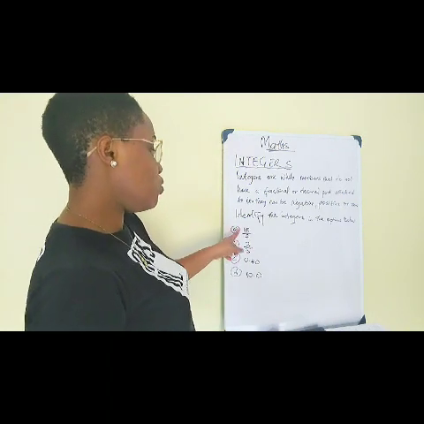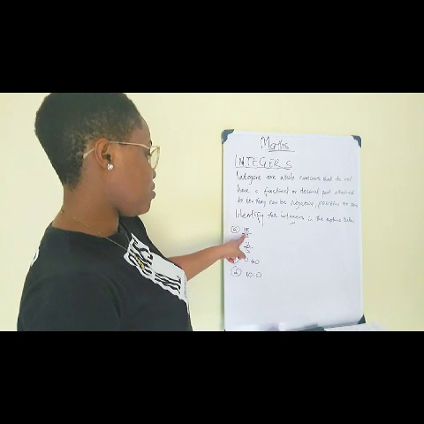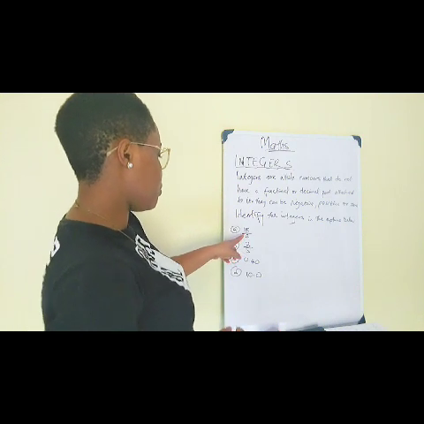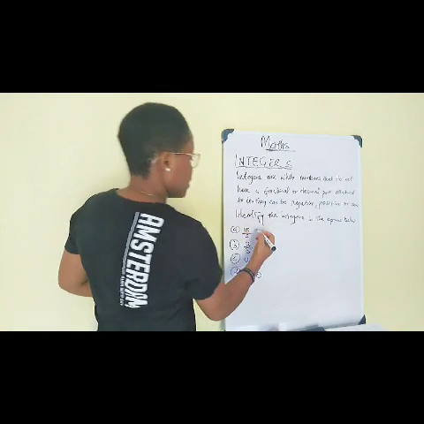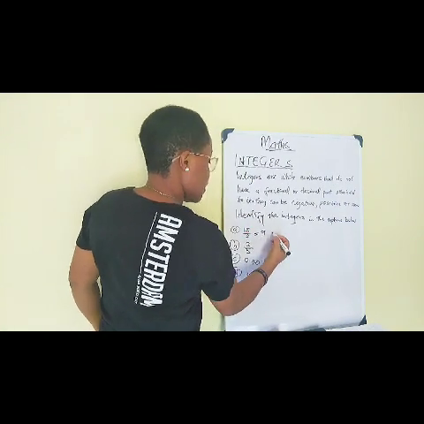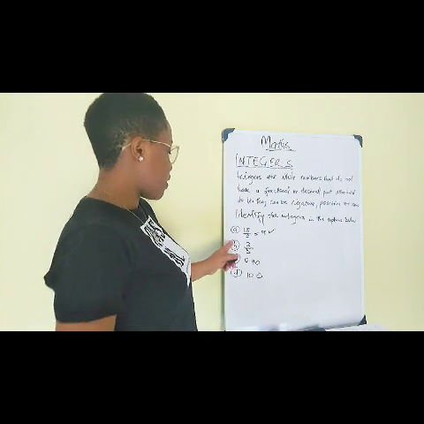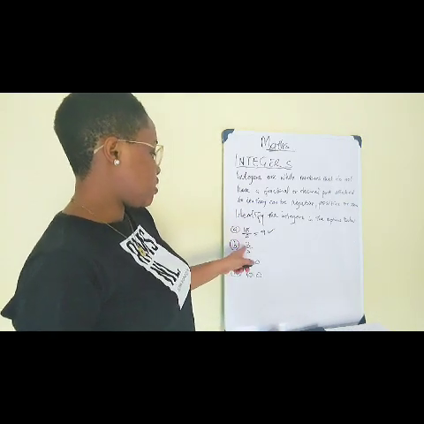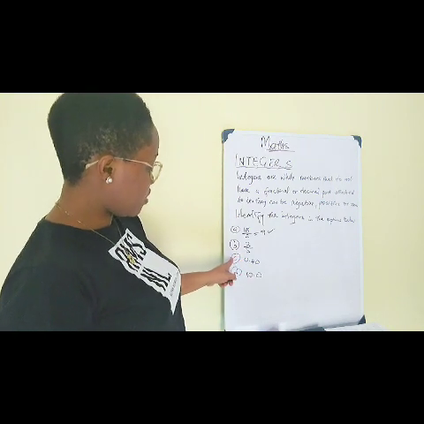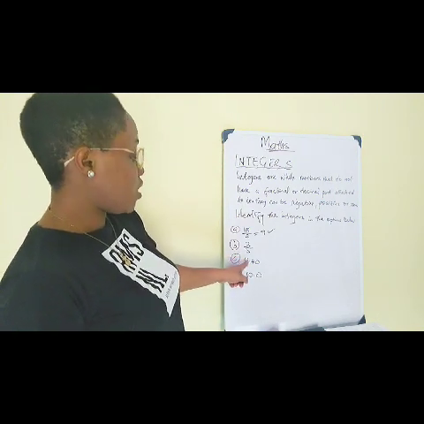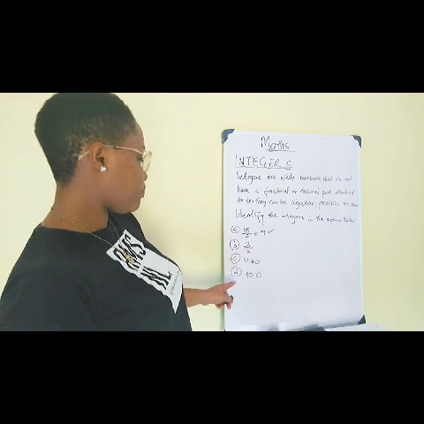So let's take it one after the other. Now, A looks like a fraction, but it's actually not a fraction because 18 can be divided by 2 to give us 9. So A is an integer. B, on the other hand, is a fraction, so it is not an integer. C is not an integer because this is a decimal.